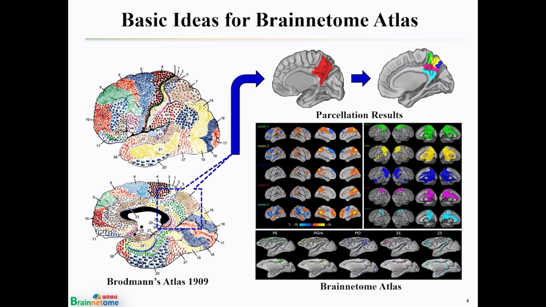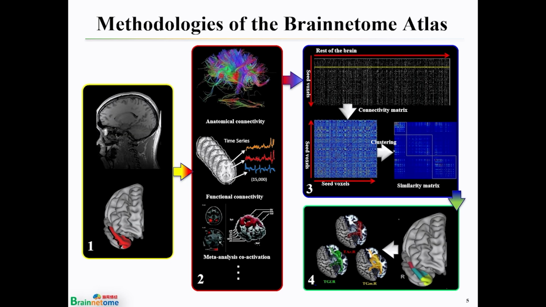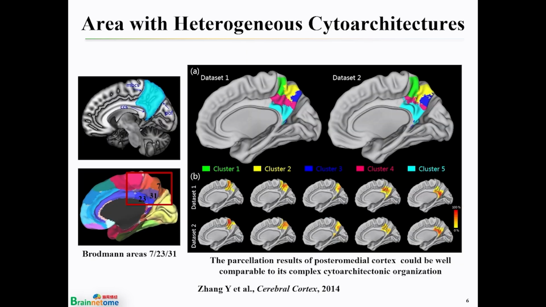Based on this idea, we can parcellate some brain regions into very fine-grained regions, such as the posterior medial cortex. Based on cytoarchitecture, you can also parcellate it into different parts.